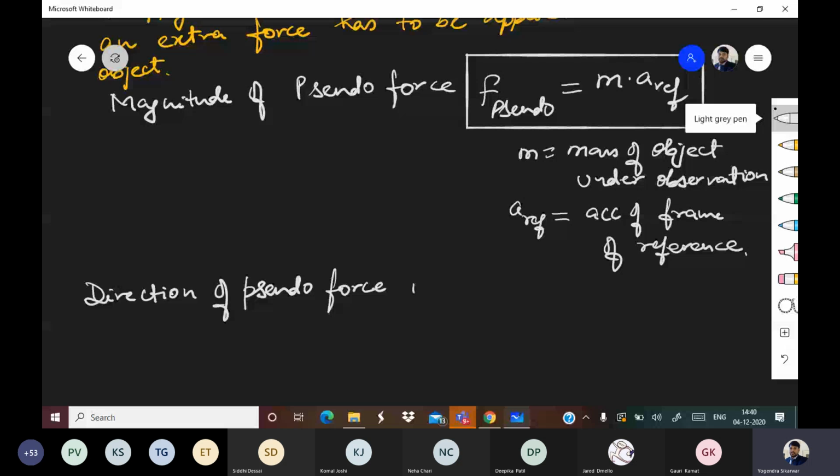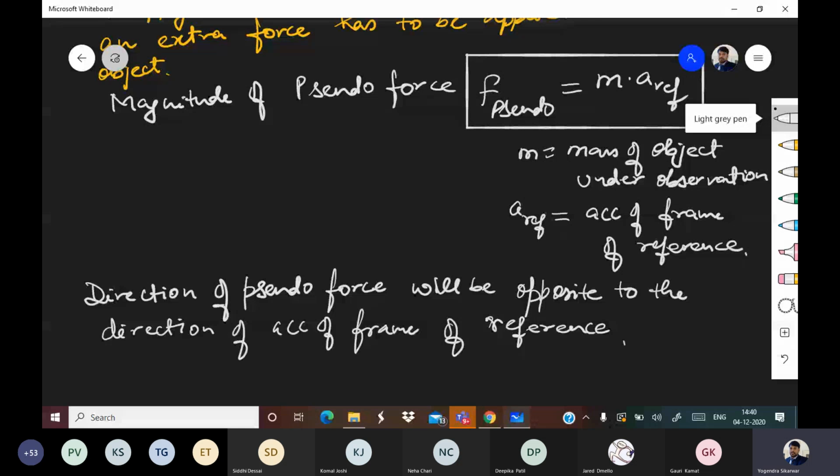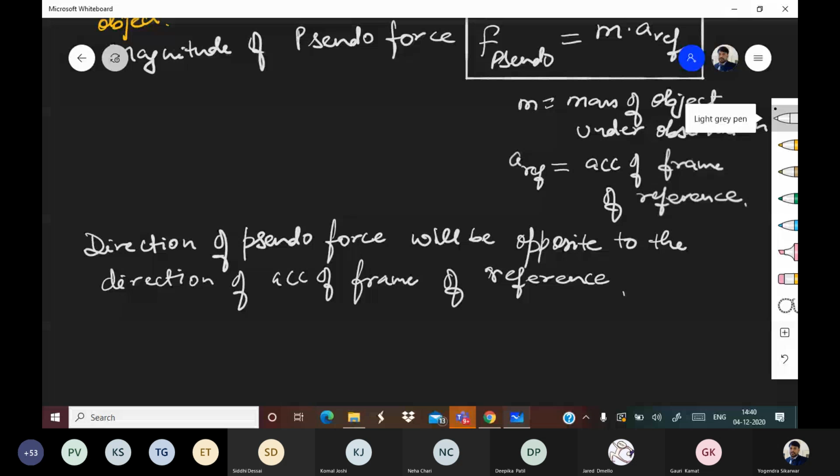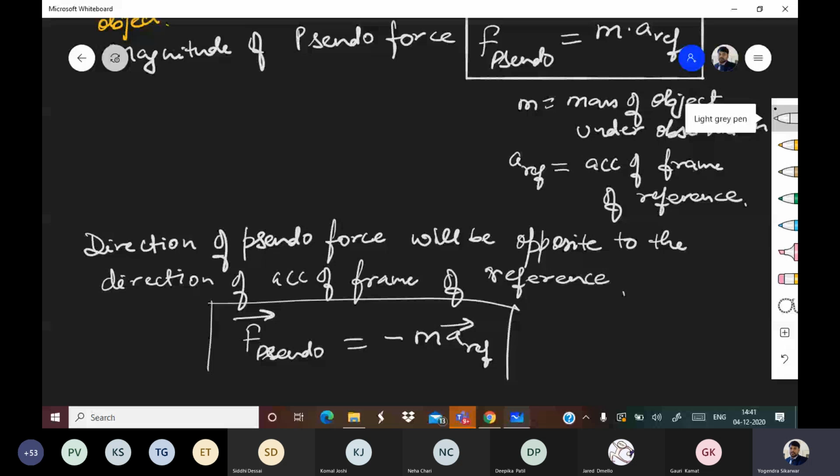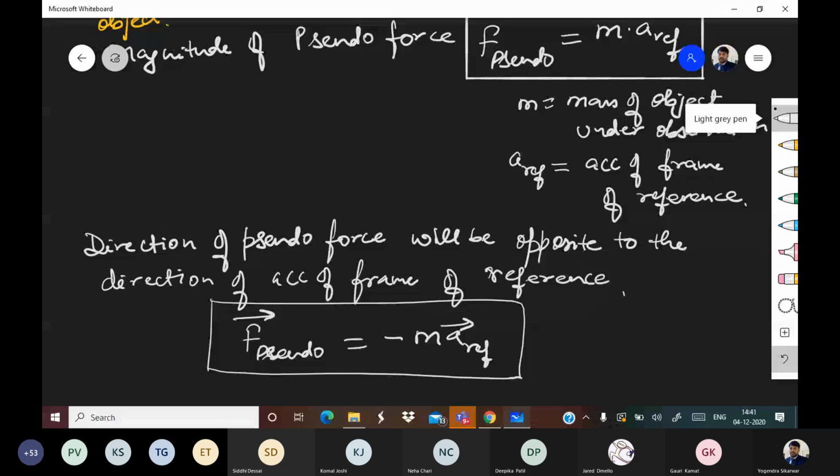So now we can write it in vector form. So F pseudo vector is equal to minus M into A ref. So what is minus sign telling you here? Minus sign is telling you that direction is opposite to the direction of frame of reference.